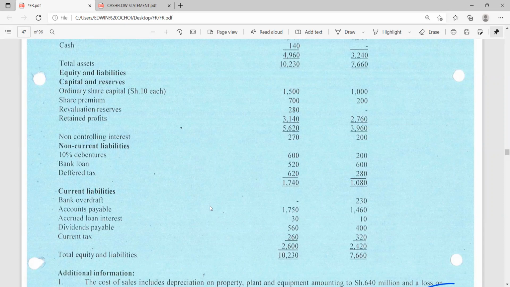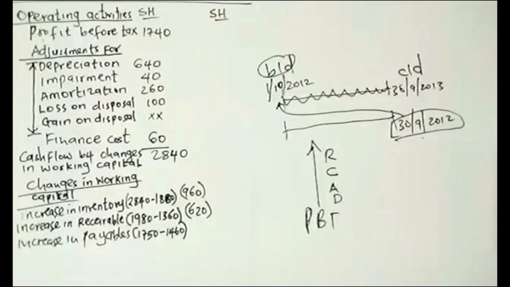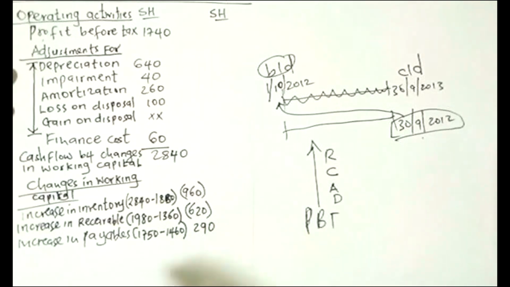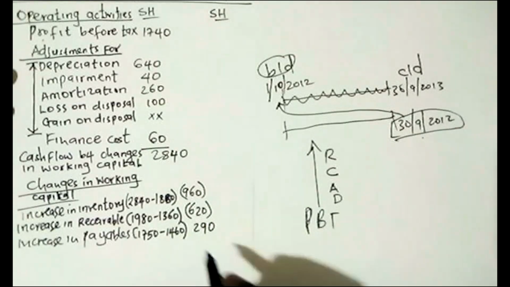That is from 1460 to 1750. The increase there is 1750 minus 1460, 290. So we have the increase 290.